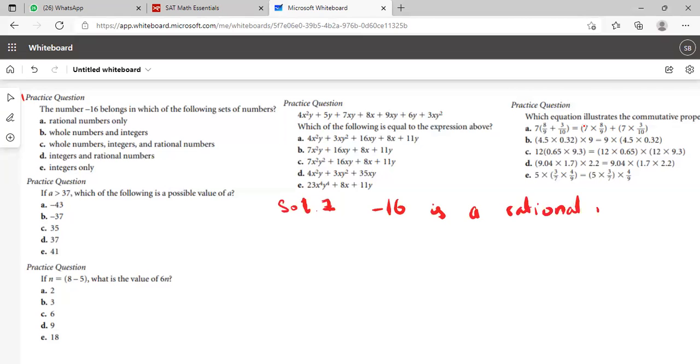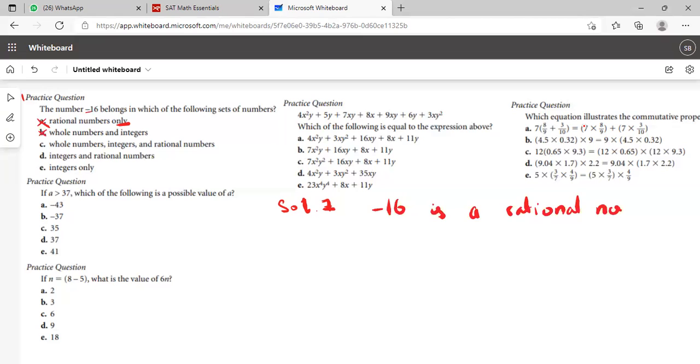It is a rational number, but this only is making it a bad choice because it is not only a rational number, it is also an integer. Okay, right. So it is a whole number and integer. Minus 16, is minus 16 a whole number? No. Excellent. Because of this minus sign, right?